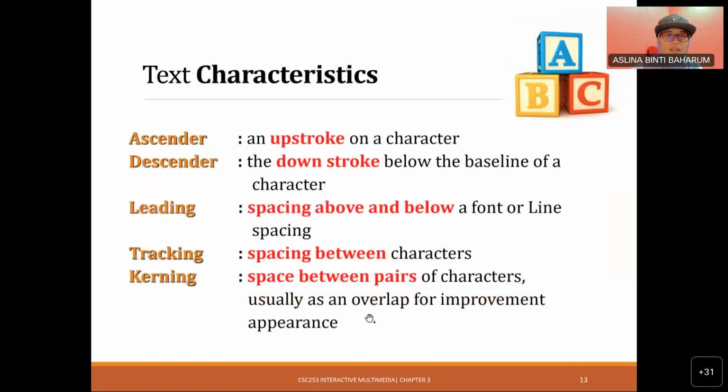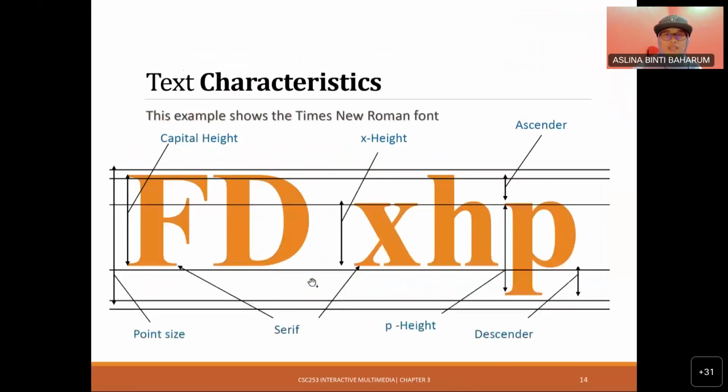Next, text characteristics: ascender, upstroke, descender, downstroke, leading, spacing, tracking, spacing between, kerning, space between pairs. Let's look at the example here. This is the ascender, the space here. Descender is in the below part.